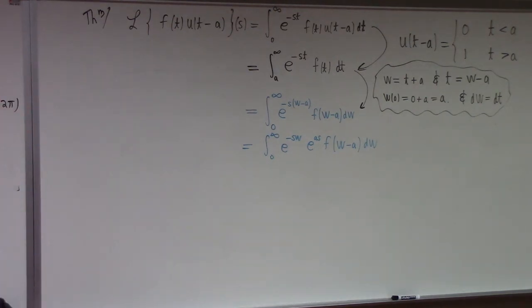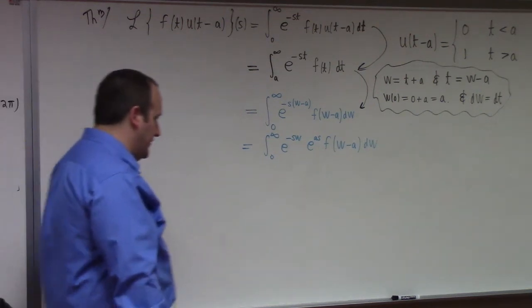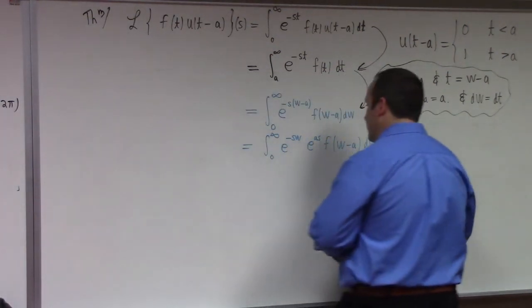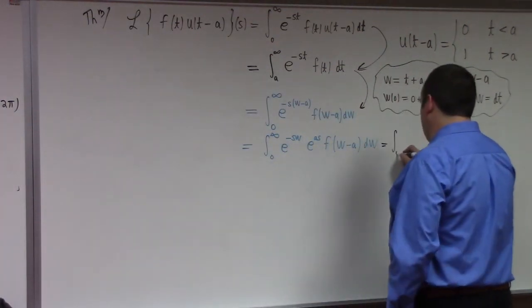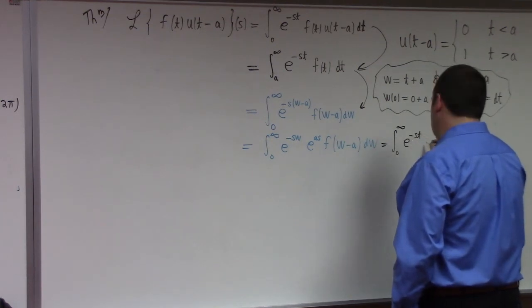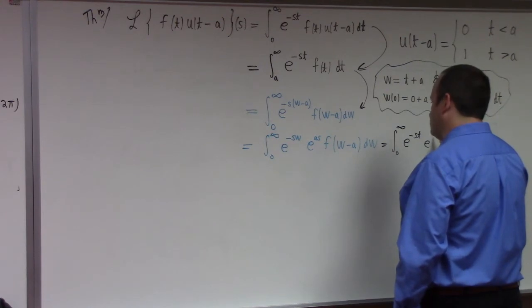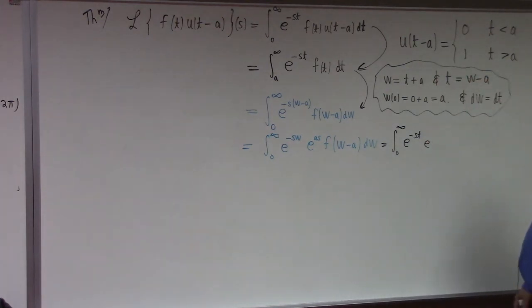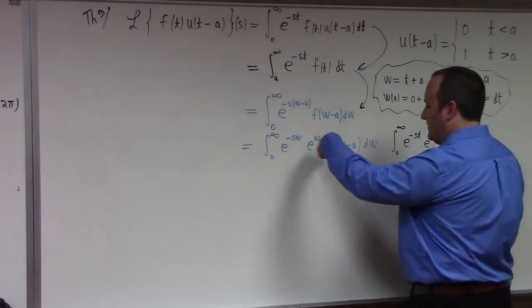Of course, w is a dummy variable of integration, right? So you could just as well write that with t's to make it more familiar, if you like. This is equal to the integral from 0 to infinity of e to the minus st times, oh, I'm an idiot. So this e to the as, we can pull it out.